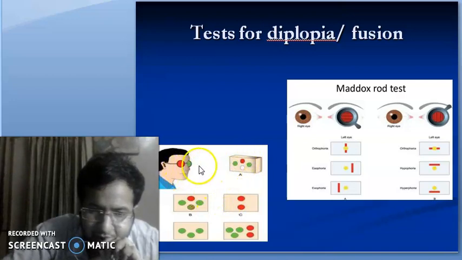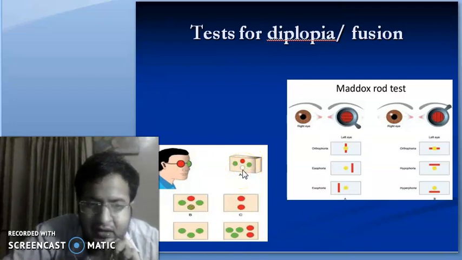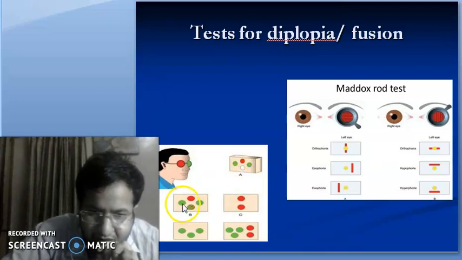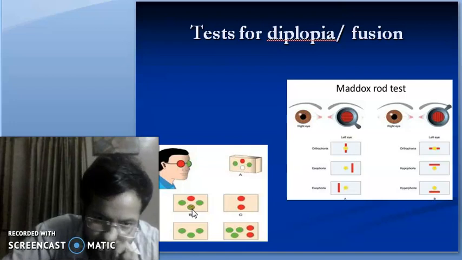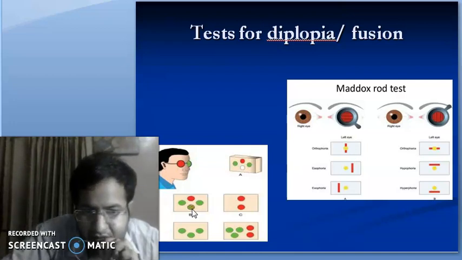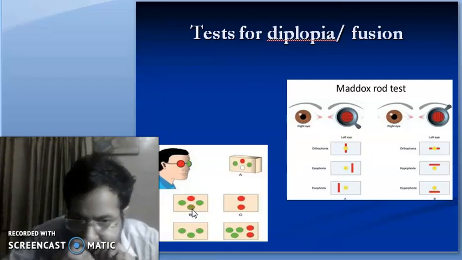If by putting the glasses, the patient can see the red circle, two green circles, and one white circle, then it is normal retinal correspondence. If it is one red circle, two green circles, and one circle which intermittently appears green or red, then it is intermittent alternate eye fixation.